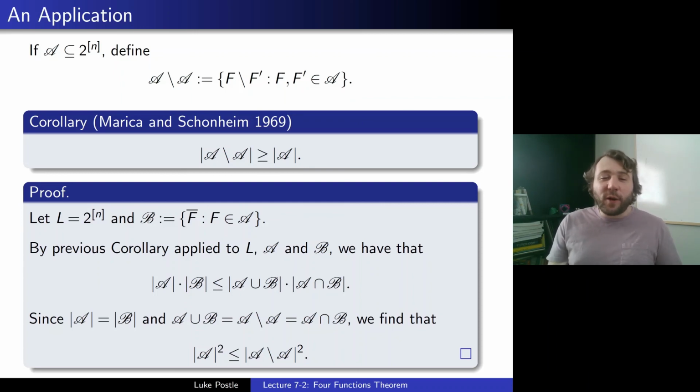So each one gives rise to the possible set minuses, which means that those both are actually the same sets. They have the same size, and so you find that script A squared is at most A minus A squared. So both of the terms on the left become script A and the right becomes A minus A. And of course, these are non-negative, so you could take the square root and you indeed determine that you get more set differences than the set itself, at least as many. And that concludes the proof.